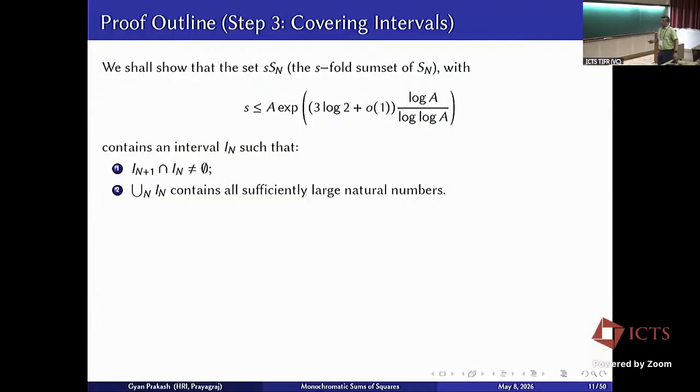And as you vary n, this interval In will change, Sn will change, but nevertheless they are all monochromatic sums, because we are saying that S times Sn gives monochromatic sums. And the union of the In contains all sufficiently large natural numbers. And if we prove this, what I have written down here, that proves our theorem.